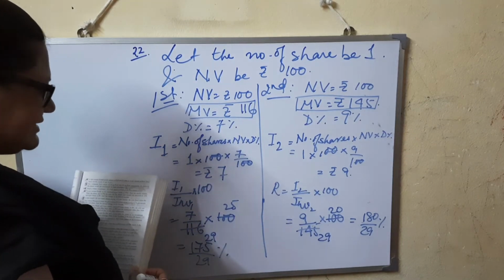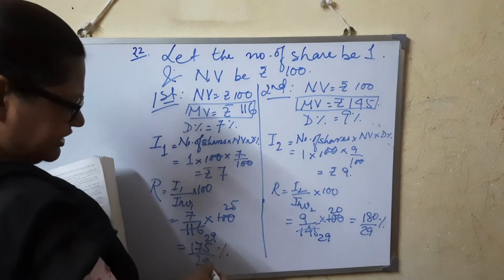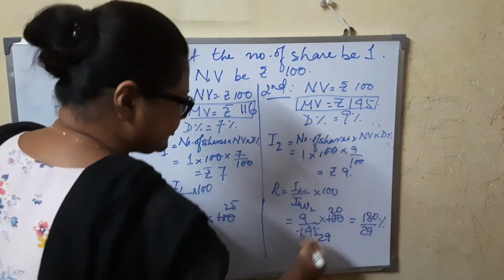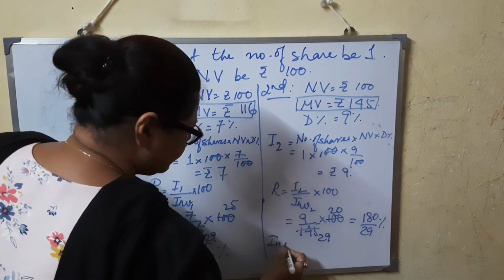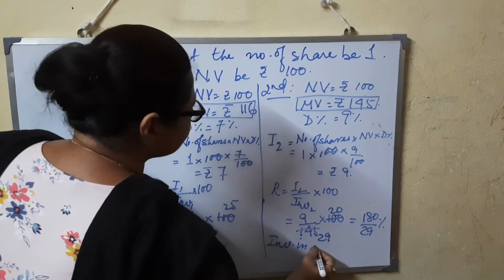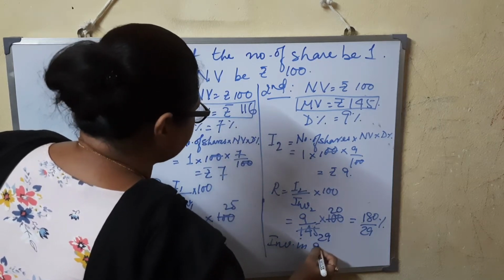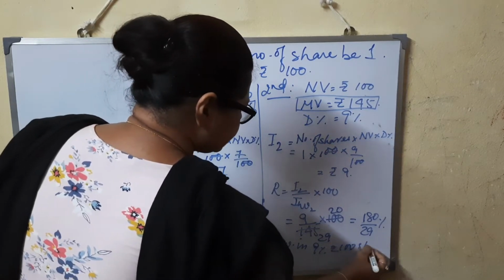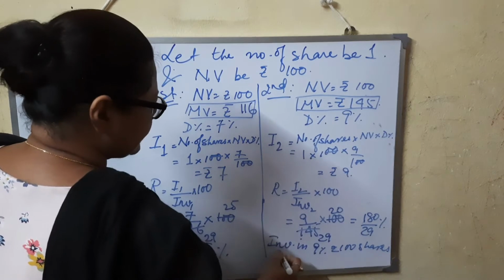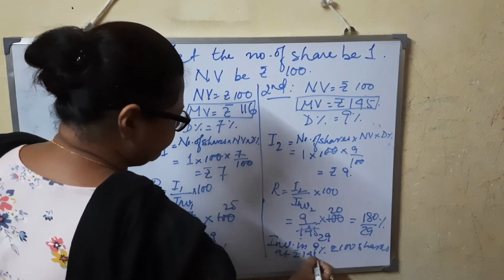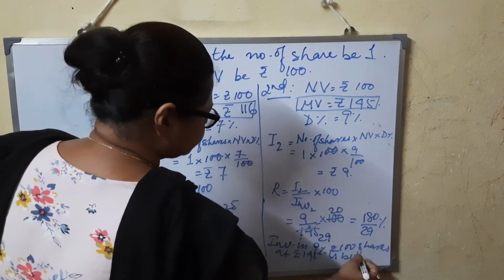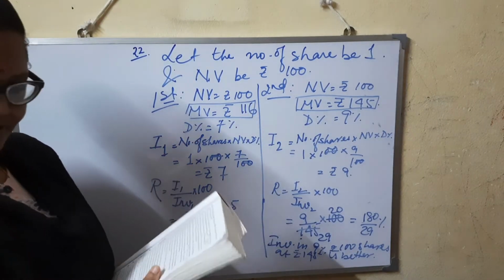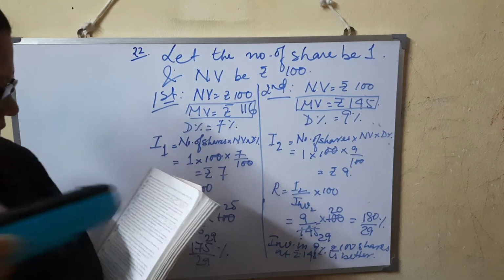So what we basically see is that 175 by 29, this rate of return, is less than this rate of return. So investment in 9%, rupees 100 shares at rupees 145 is better. Is it clear? Alright. So let's move on to the next sum.